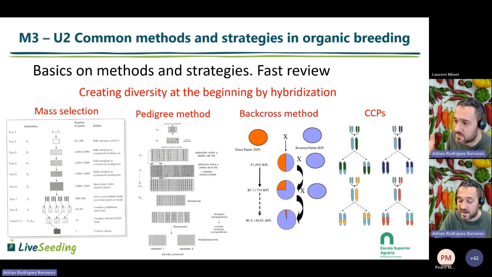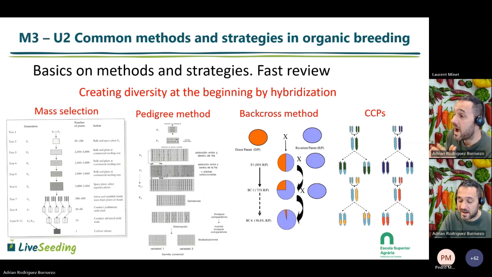which lacks diversity. Maybe it's good for many traits, but is bad for resistance to a new pathogen, or it lacks a sweet taste. And I discovered a new source of variation, parent 2, which provides good taste and high levels of sugars and acids. I cross both of them, I develop the F1 and I start working from the F1, like Mendel.